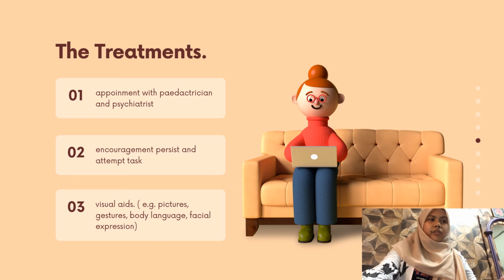Okay, the second is that children with GDD can be helped through the encouragement process and attempt tasks. For example, their parents should give moral support to them and always be with them. This is as motivation for them to develop their mental and physical ability.